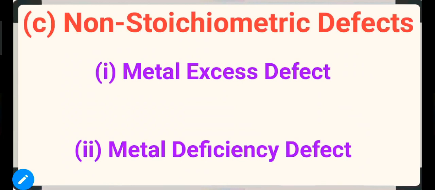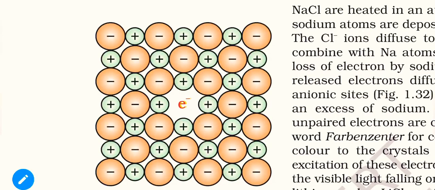So in the first case, the ratio of cations will increase, and in the second case, metal deficiency, the quantity of cations will decrease as compared to negative ions. So in the first example the ratio of positive ion will increase, and in the second example it will decrease. Let us discuss it step by step.